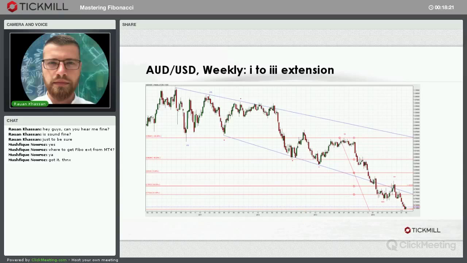This time we are looking at a descending move in Australian dollar. Probably the screenshot has got a little bit low scale, but the general idea should be fine. Once again, I mark the start of the first part of the descending line and its finish.